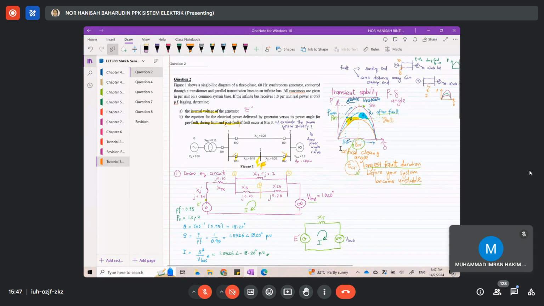And again, I want to ask you what is the critical clearing angle and what is the critical clearing time. It is actually the longest fault duration before your system becomes unstable.